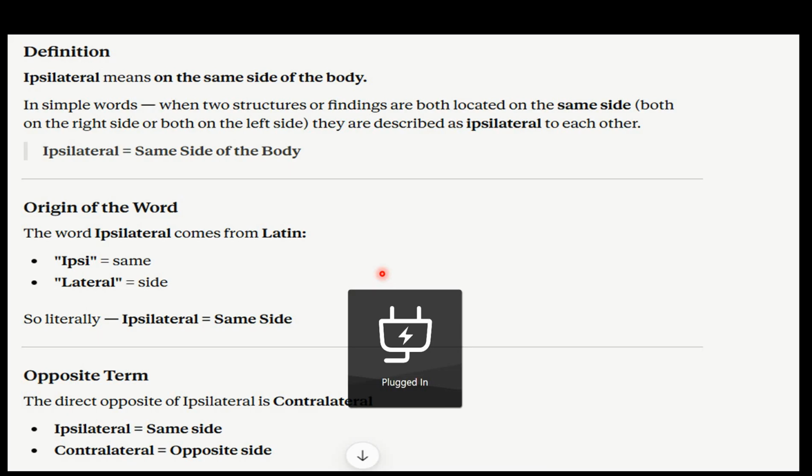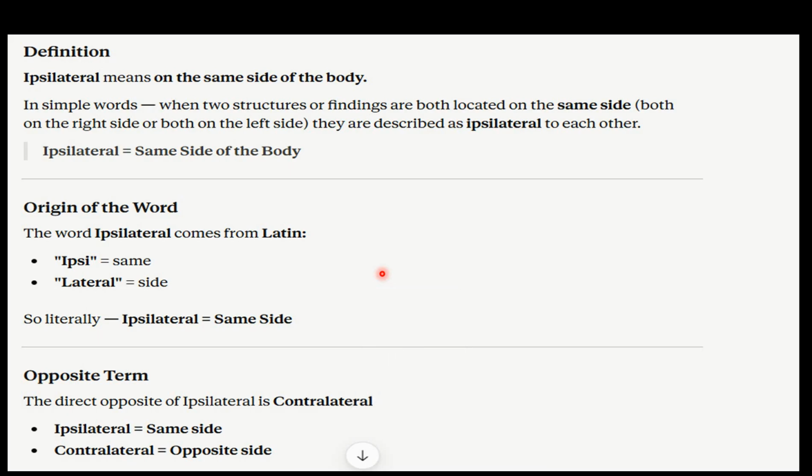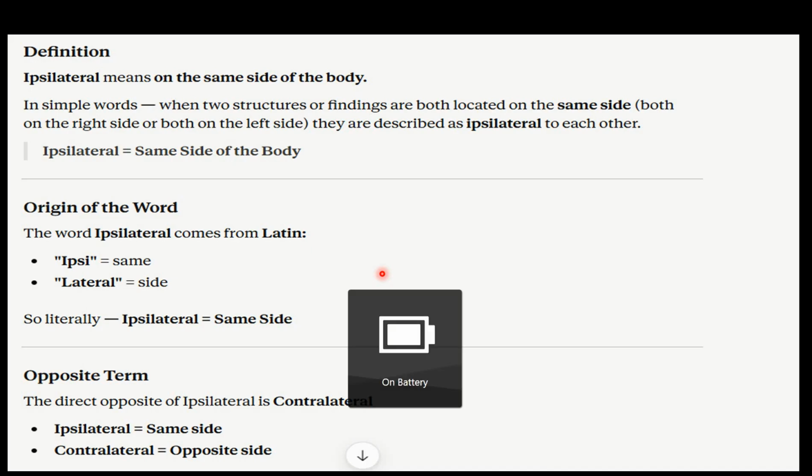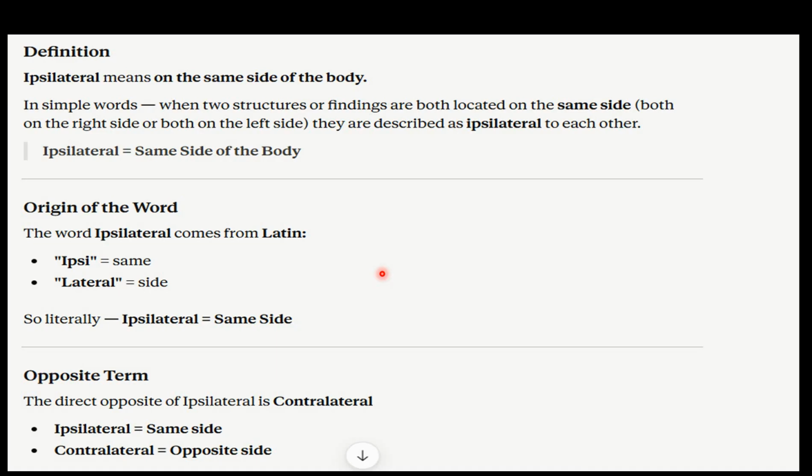So any body structure, body part or finding located on the same side, either both on the left or both on the right, we say they are ipsilateral to each other. The conclusion is that ipsilateral means the same side of the body.